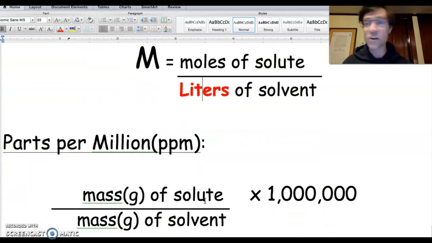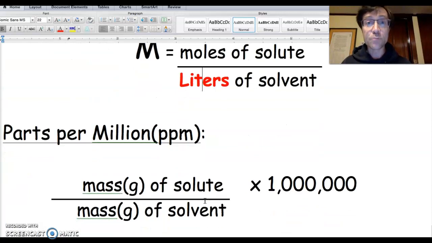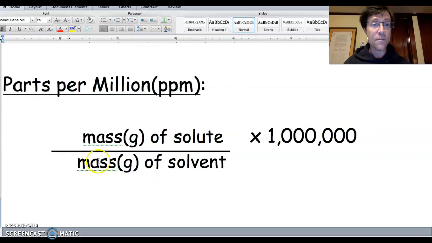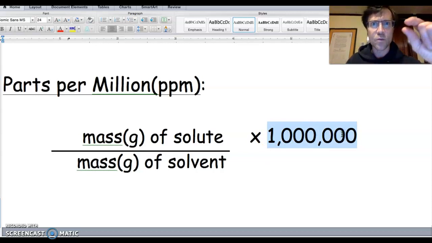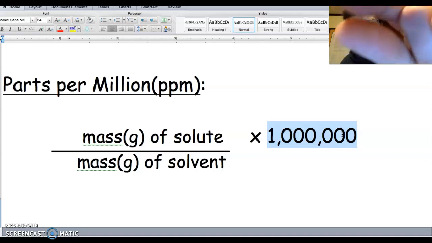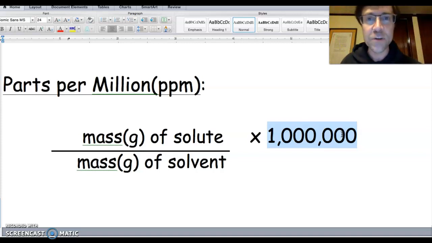Now we go to parts per million. Parts per million is pretty simple. It is mass of solute, which is part, over the mass of solvent, which is like the whole thing. So it's part over whole times a million. Does that make sense? It's literally percent volume, only instead of that number being 100 to make a percent, we do it by a million because it's a really, really small, teeny little percent.